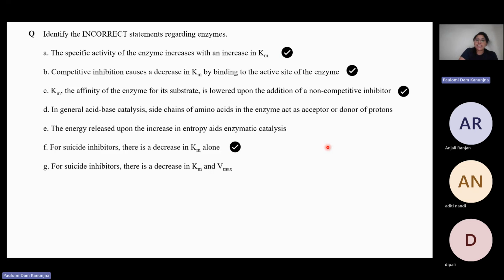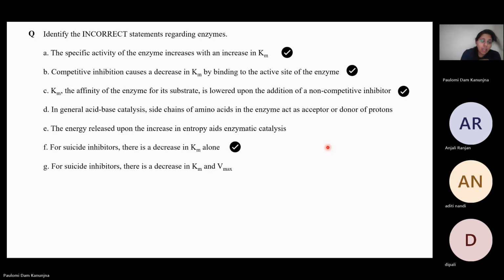So the first one says specific activity of the enzyme increases with an increase in Km, which is not correct. Specific activity, as we know, measures enzyme efficiency. And Km is the substrate concentration where the enzyme reaches half of Vmax.